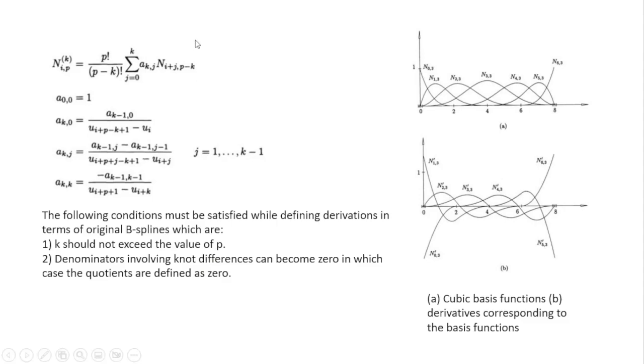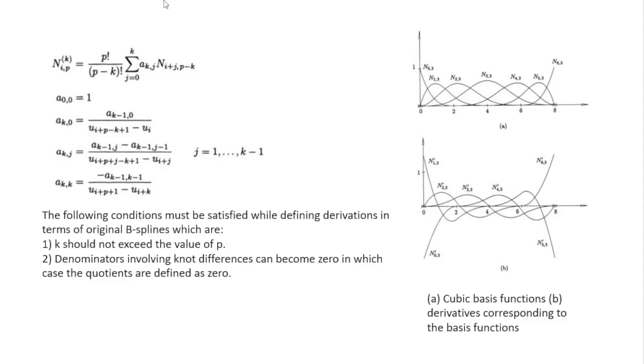We can also write the equation of the kth derivative of N_i,p of u in this formula as a summation, where we get p factorial by (p minus k) factorial times the summation of j equal to 0 to k of a_k,j N_i+j,p-k.